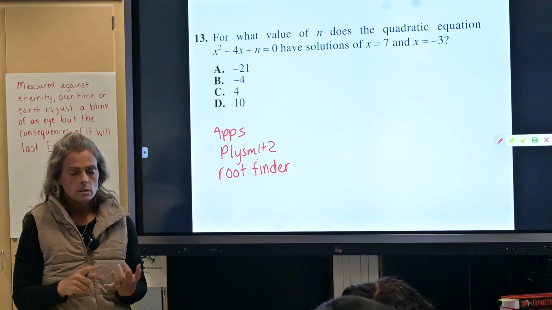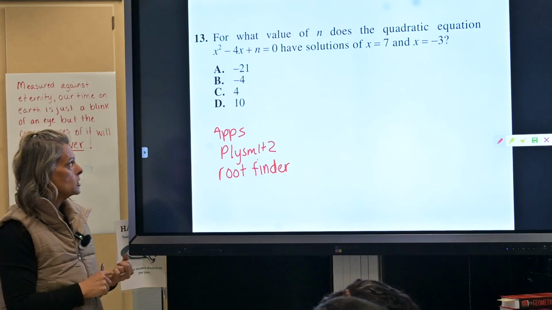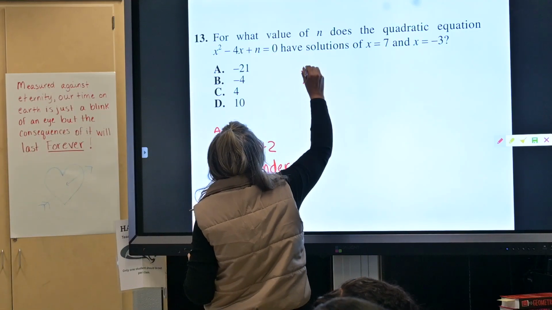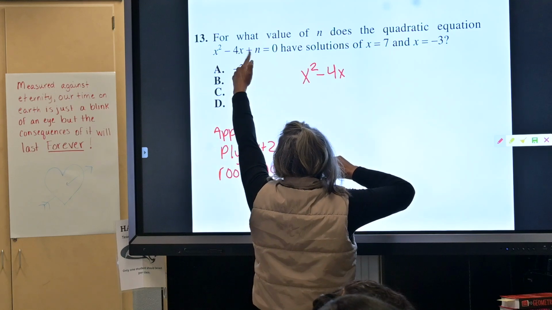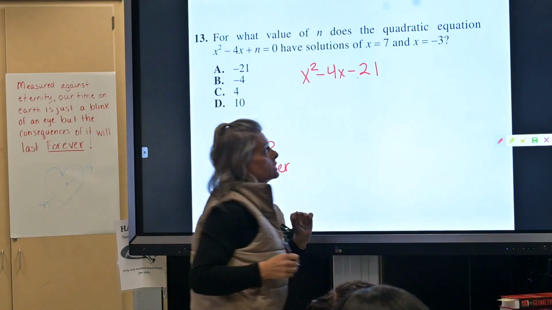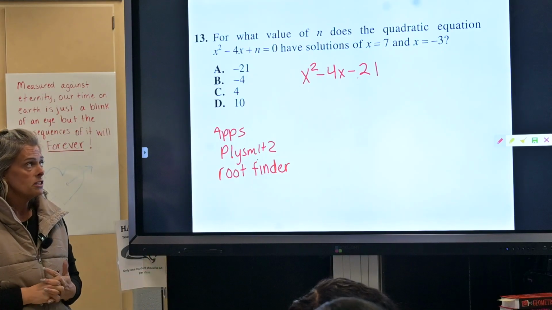They're called roots, zeros, factors. That's where it crosses the x-axis, okay? So what you would want to do is you would just try your answers. Because they want to know, what do I need to have for n? So let's try that one first. So go ahead and type that into your app and see which factors it gives you, or which zeros it gives you.